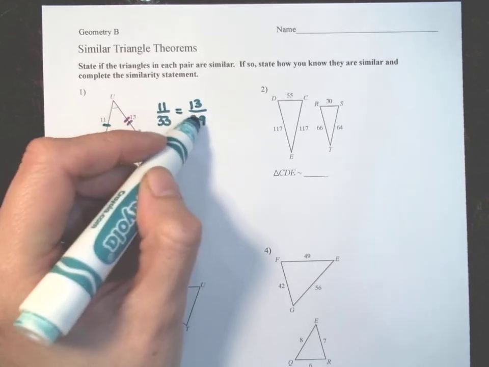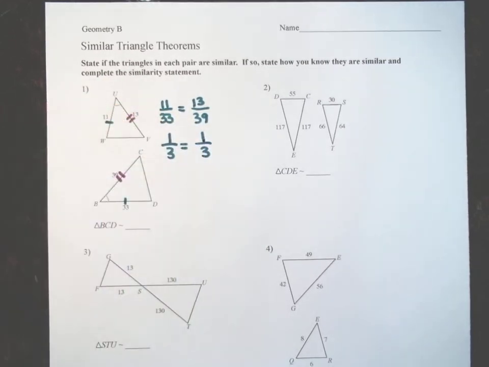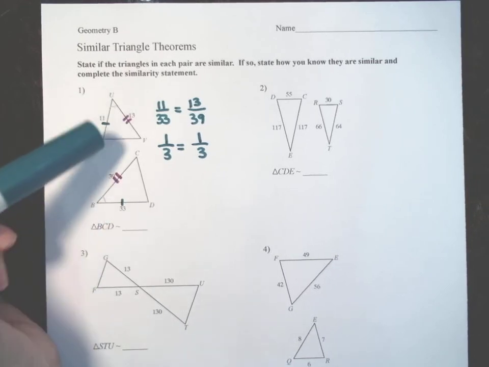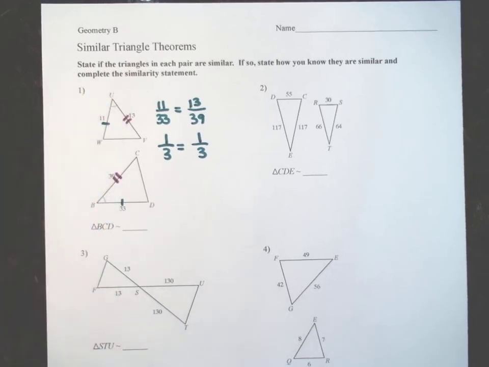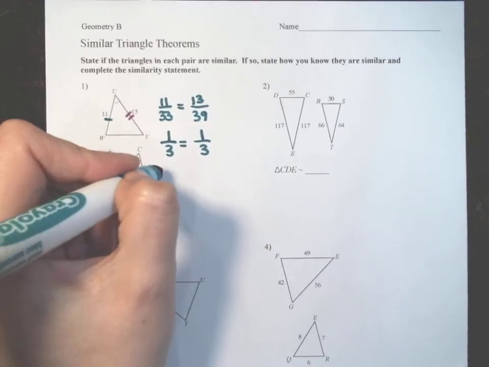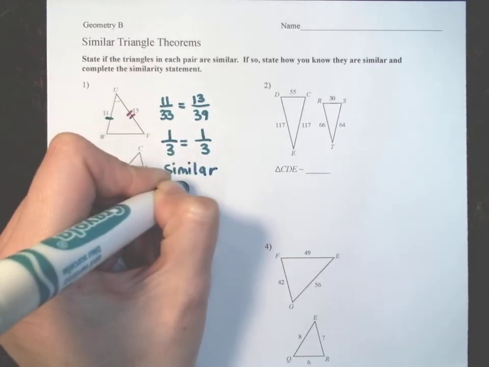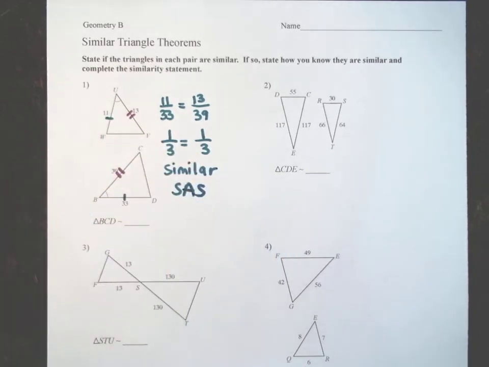And 13 divided by 39 also simplifies to 1/3. And so yes, they are proportional. And yes, the angles inside are congruent. So we know that using side angle side, they are similar, because of side angle side.